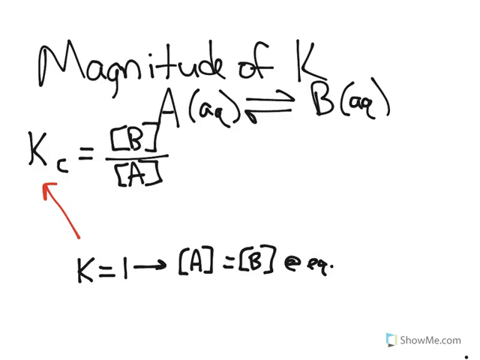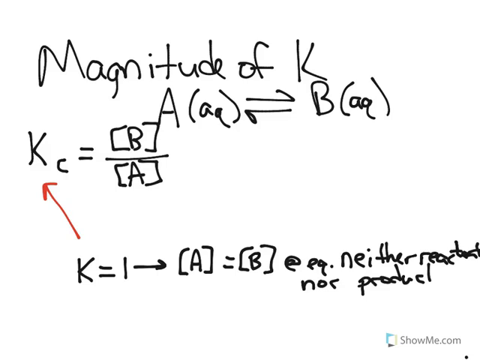This means that this is neither reactant nor product favored. What I mean by reactant or product favored is this equilibrium isn't leaning towards one side. Sometimes equilibriums might make way more product than they do reactant, or way more reactant than they do product. In this case, when K is 1, that's not true. Neither forward nor reverse, nor reactant nor product is favored.